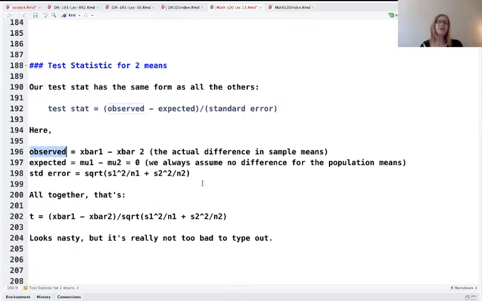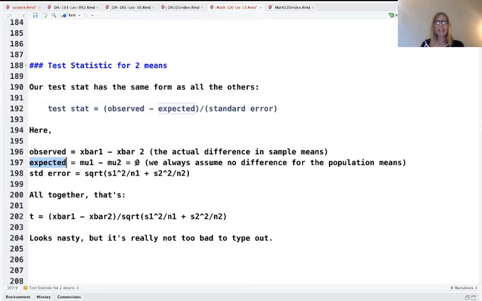Just to make it clear, here, our observation is the point estimate. The actual difference that we observed is the first sample mean minus the second sample mean, x bar 1 minus x bar 2. Our expectation is the thing in the null hypothesis.